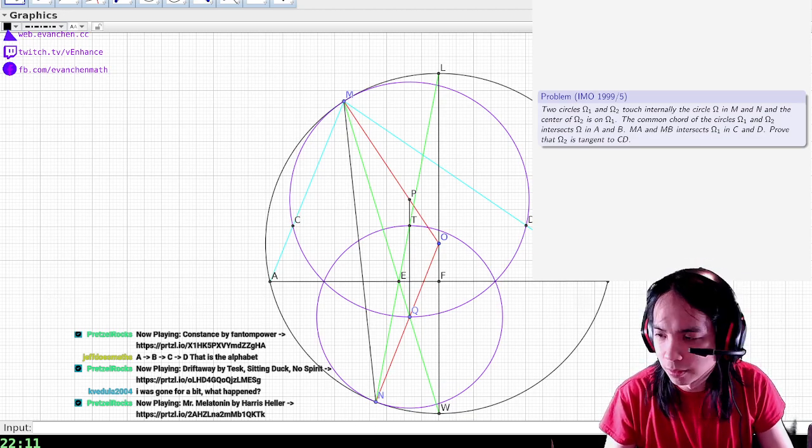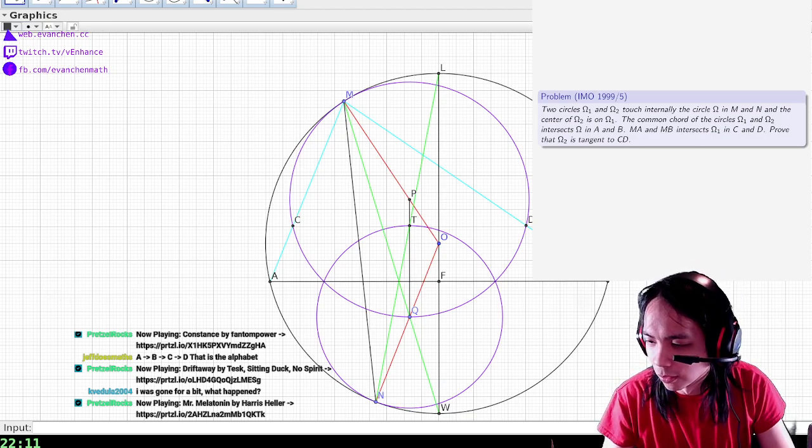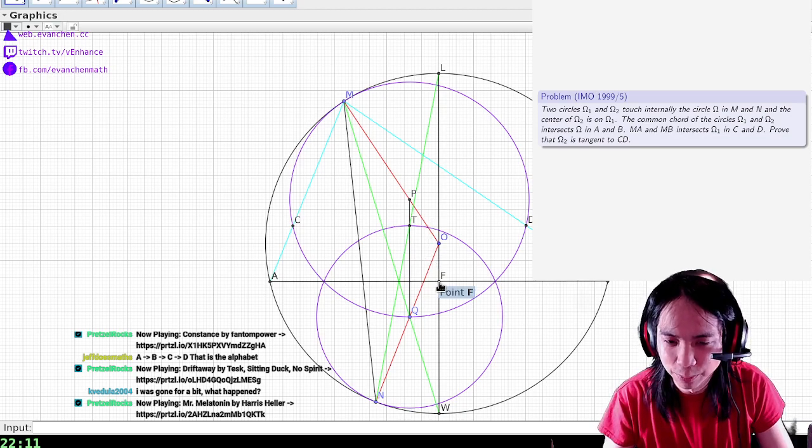I don't think I use E actually. So ostensibly, I should name this point something better, but I don't know what to name it.